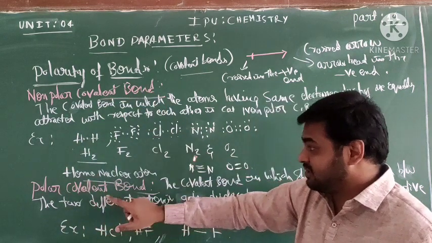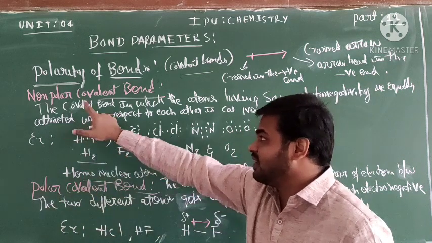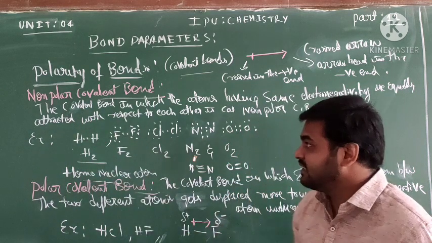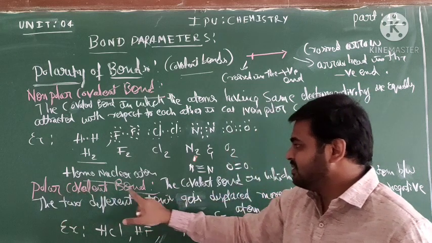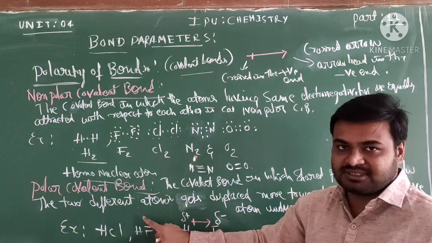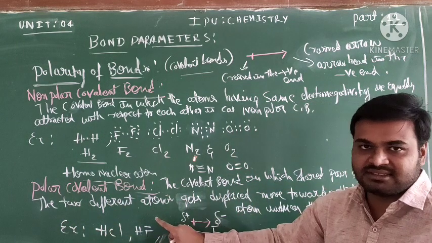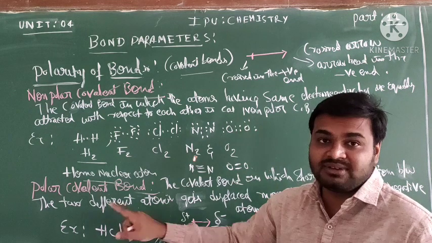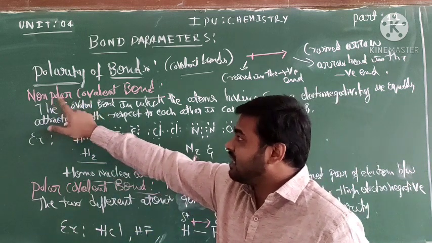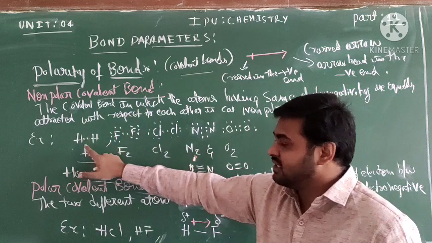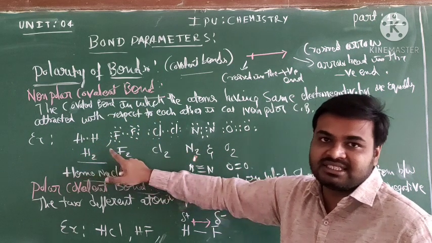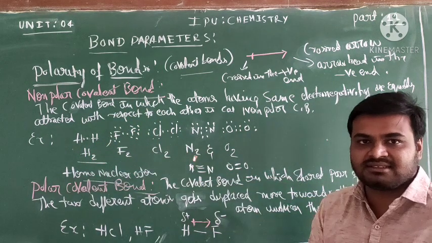Don't get confused. Non-polar means same atoms, polar means different atoms. A polar covalent bond means different electronegative atoms. A non-polar covalent bond means similar electronegative atoms are present.